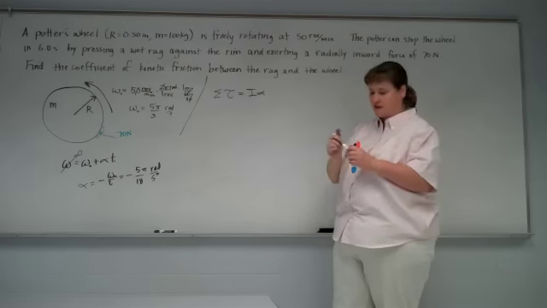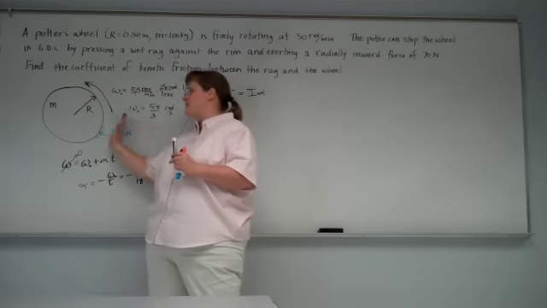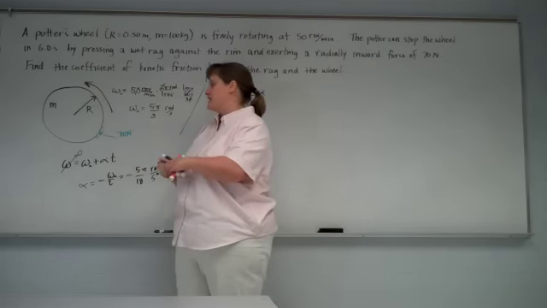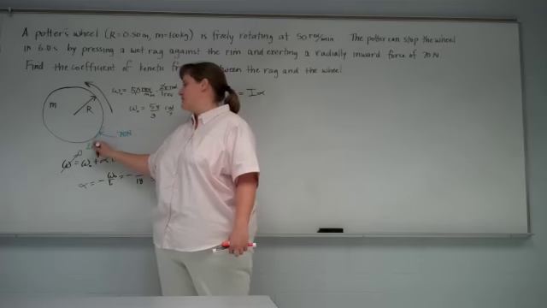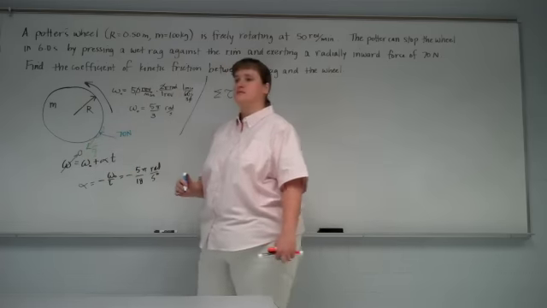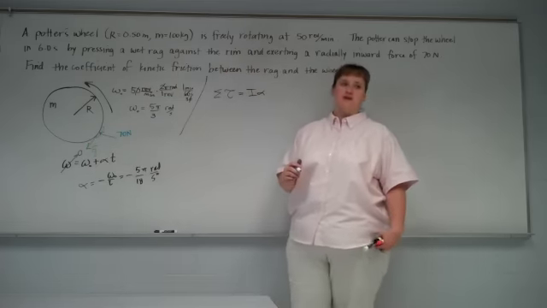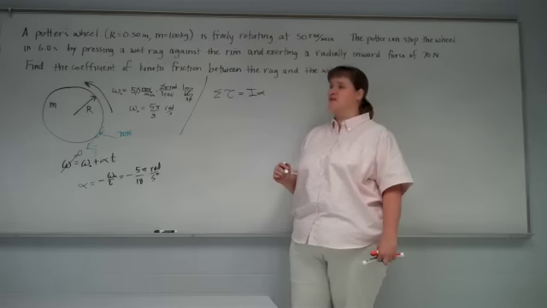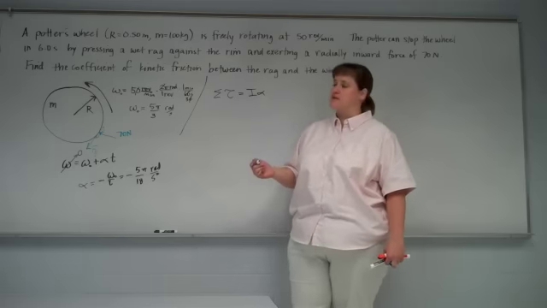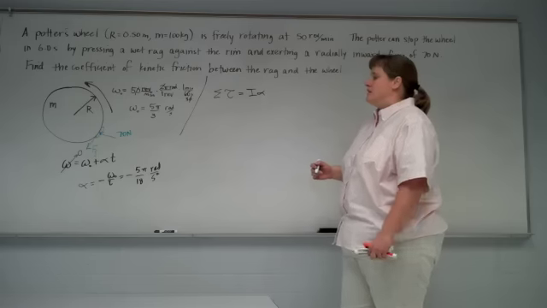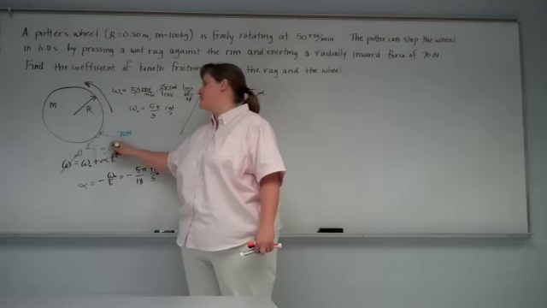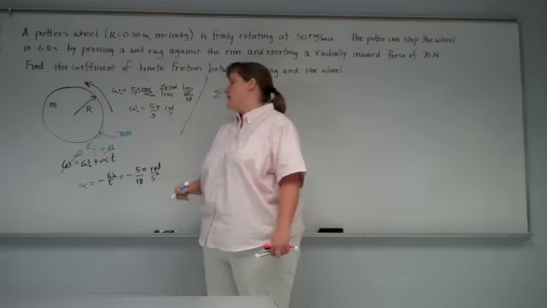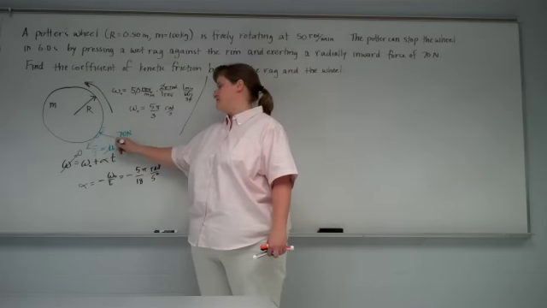Friction. Exactly right. As the potter pushes into the wheel, he's generating friction between the rag and the wheel. So there's a force of friction between the rag and the wheel, and it's that force of friction that's making the wheel slow down and come to rest. Force of friction, we know, depends upon the coefficient of friction and the normal force.